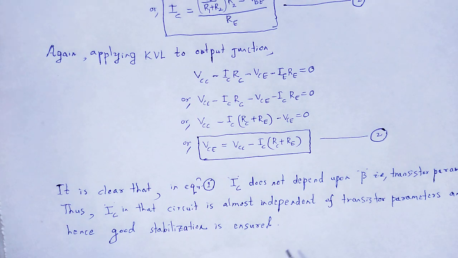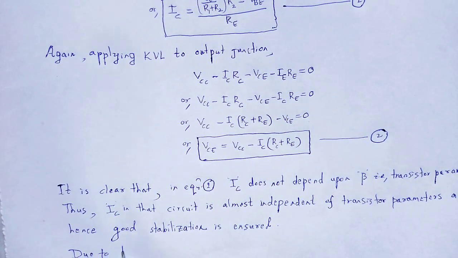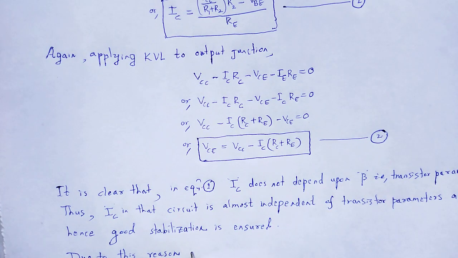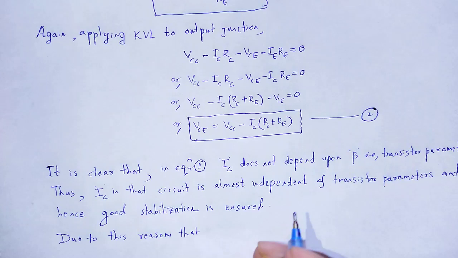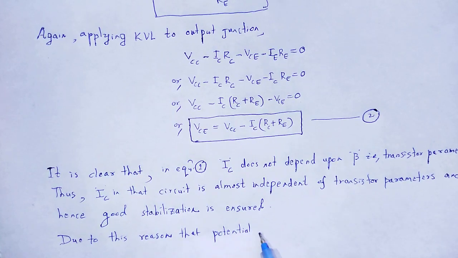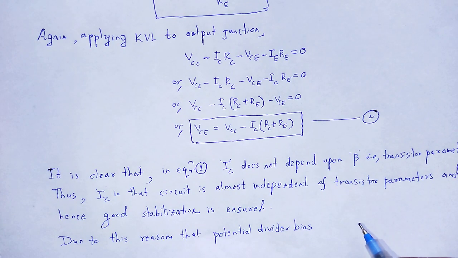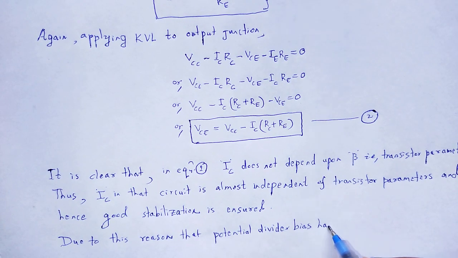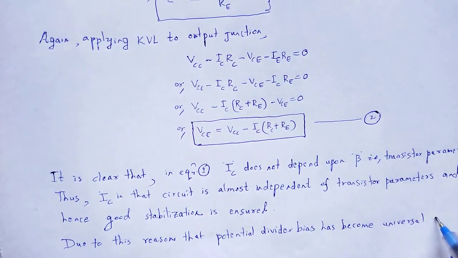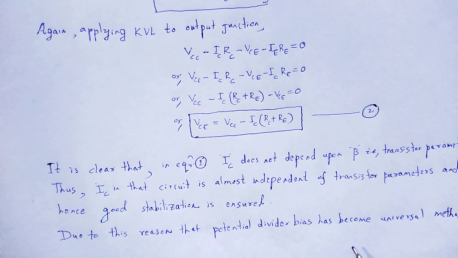Due to this reason, that type of biasing, that potential divider bias, has become universal method for providing transistor biasing.